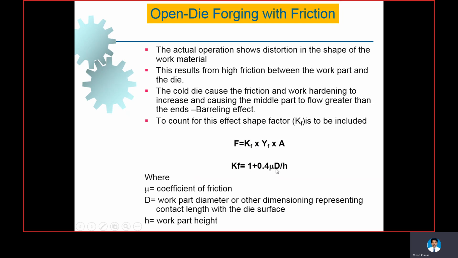Mu is the coefficient of friction, d is the diameter, and h is the height. That means the value will be greater than 1, and that means you need to apply more force than in the ideal case because of friction, or because of the barreling effect. So if the Kf value is greater than 1, you will need to apply a force more than the ideal force required for the forging operation. This is basically because of friction and the barreling effect.